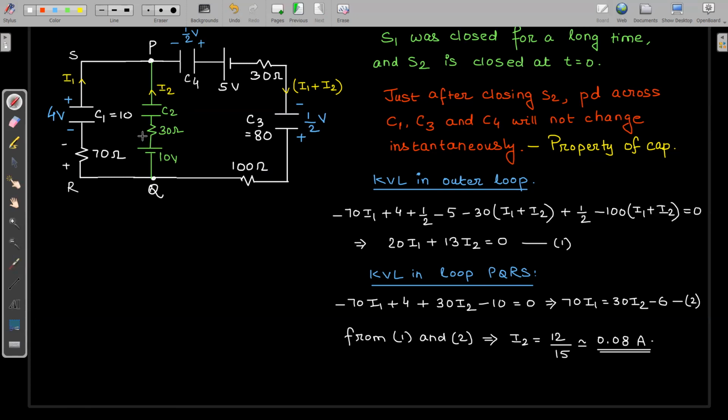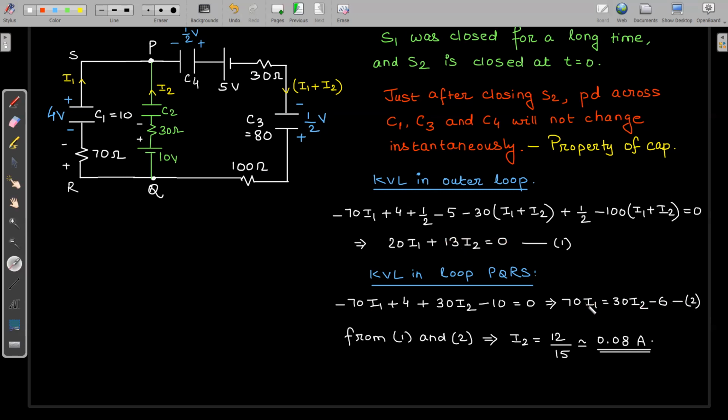Since the current I2 is going upward, this is going to be plus, this is going to be minus. So when we come down from P to Q, we are gaining a potential of 30 into I2. Then across this 10 volt battery, we lose a potential of 10 volt. There is a drop of 10 volt. And finally, that is equal to 0. So this equation gives me 70 I1 equal to 30 I2 minus 6.